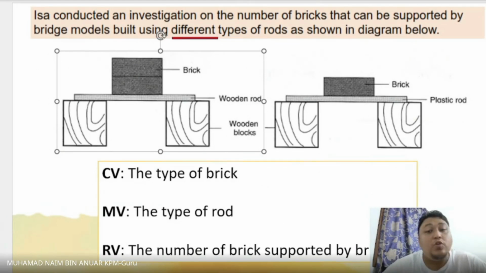You haven't gone for the picture yet. You just read the first sentence. You already got the answer for MV. That's why you need to read the question first. Read properly. Don't skip the question. Don't straight away jump to the picture, even though the picture looks very good, very beautiful to you.